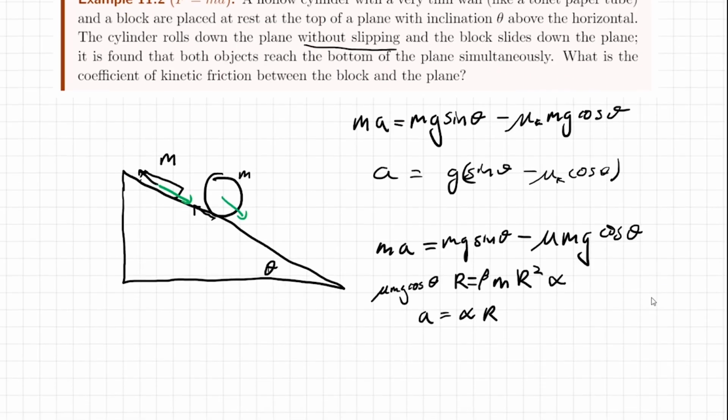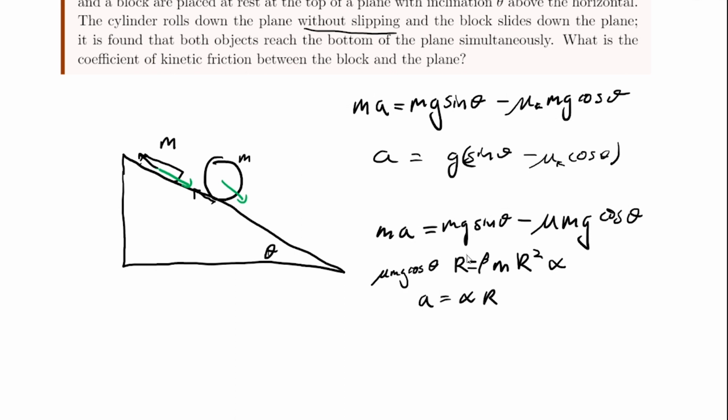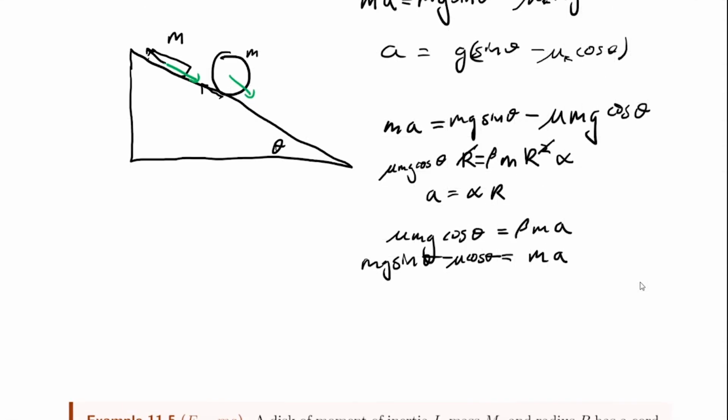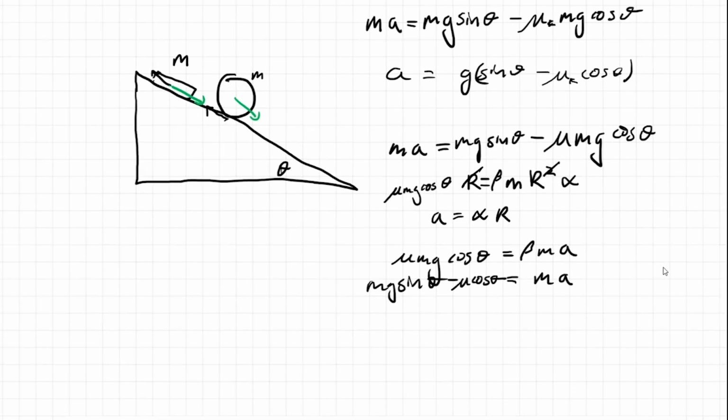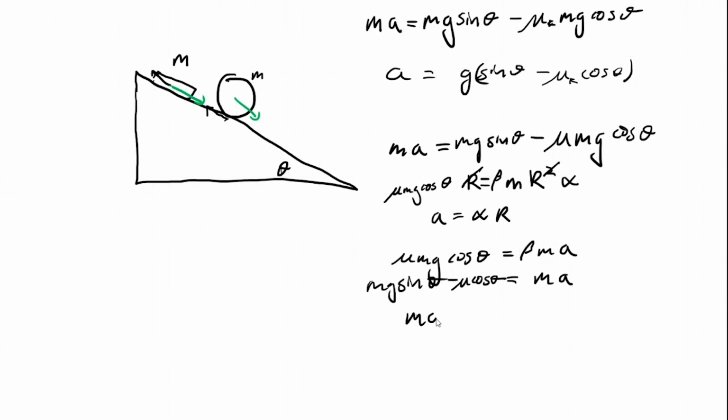After canceling the r here and the r here, this equation is mu mg cosine theta equal to beta ma. The other equation we have is ma equal to mg sine theta minus mu mg cosine theta. Once we add these two equations together, we get what we want, which is mg sine theta equal to (1 plus beta) ma.